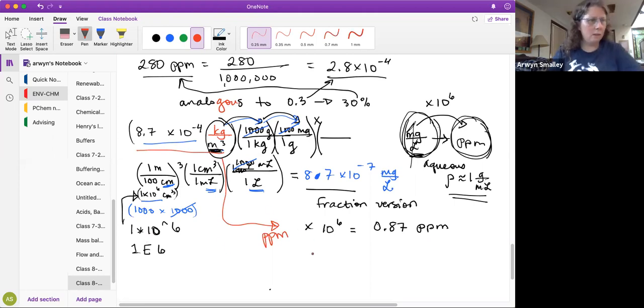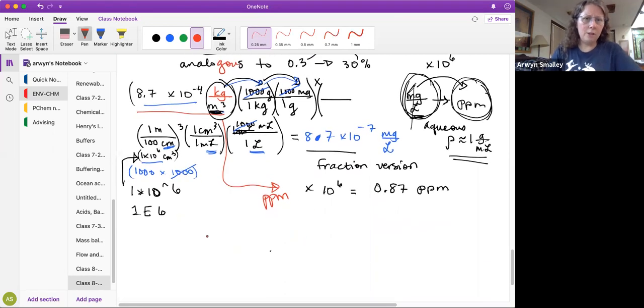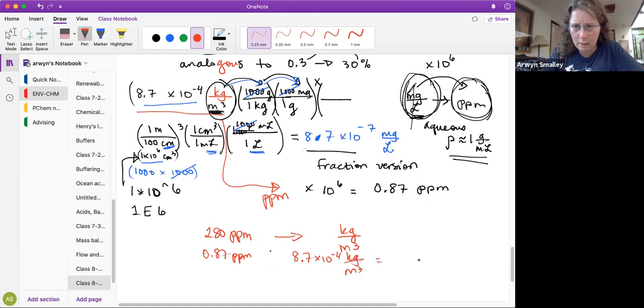So I said in one of those more recent videos that I had 280 parts per million. And so if I just want to go straight to kilogram per meters cubed, I'm going to remember that over here I had 0.87 parts per million, and it was equal to 8.7 times 10 to the minus 4 kilograms per meters cubed, or in other words, if I wanted to just write it the same way, I could say 0.87 times 10 to the minus 3 kilograms per meters cubed.